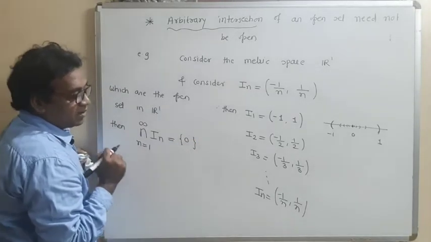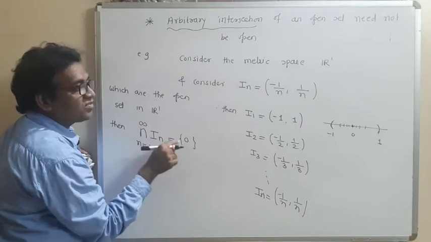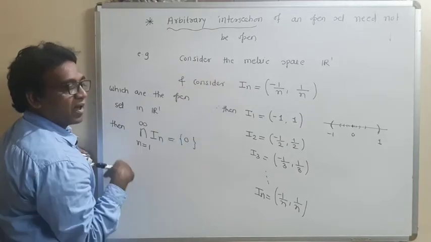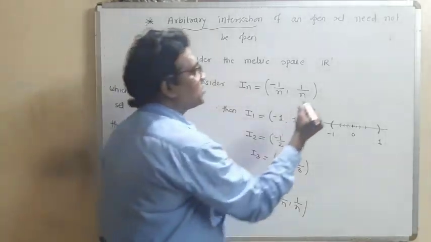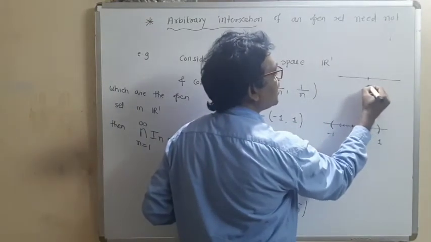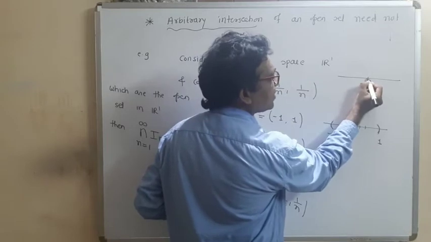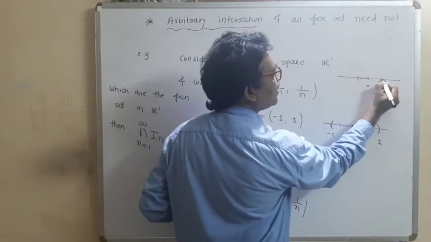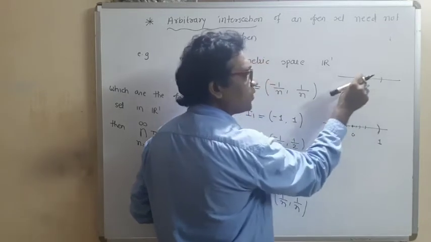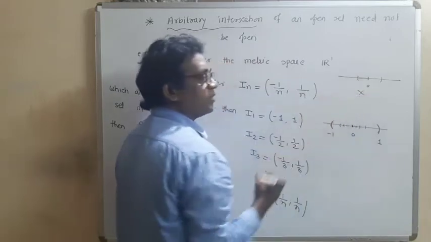And we know that the singleton set is not open in the real line. Suppose this is the singleton {0}. What is the neighborhood of this 0? Neighborhood means taking the left portion and the right portion, which is not a subset of the singleton {0}, so it is not an open set.